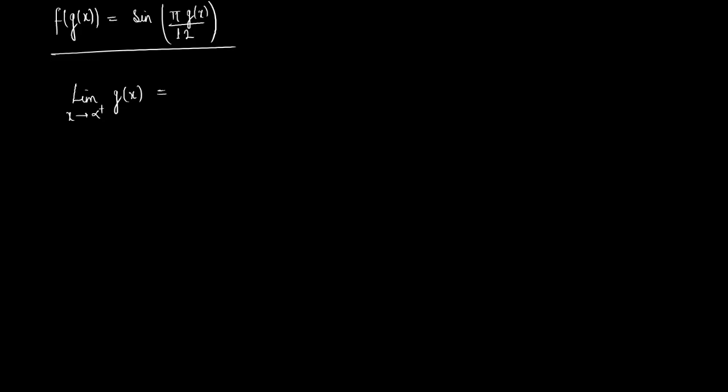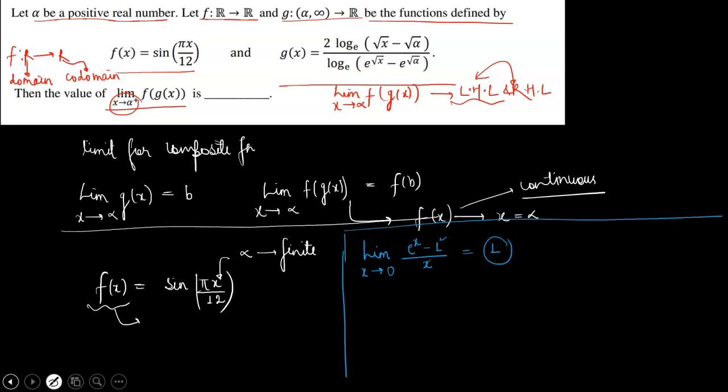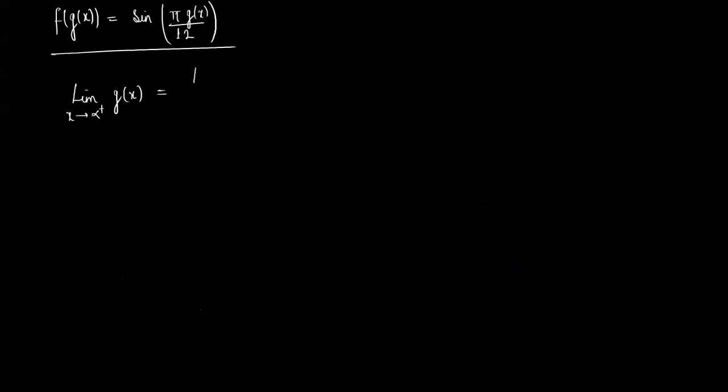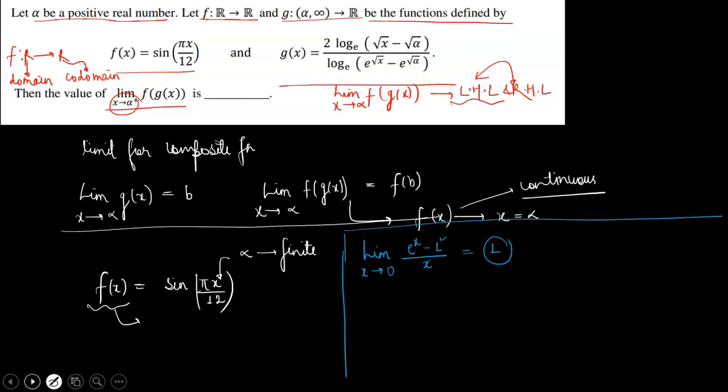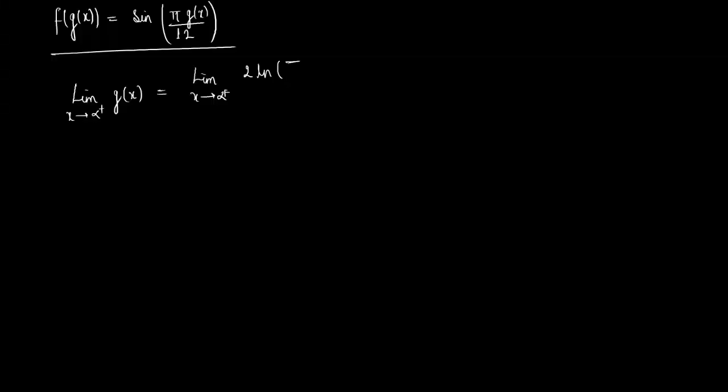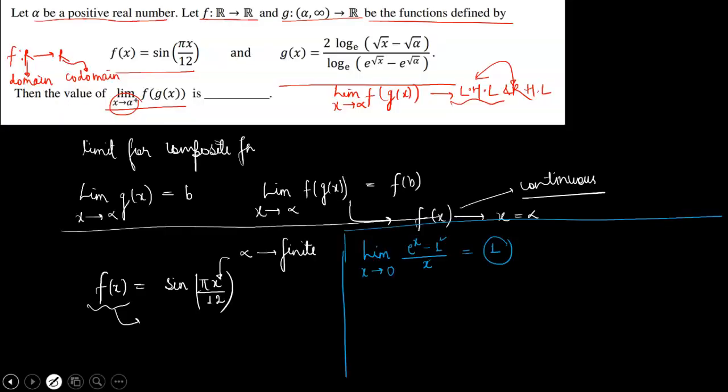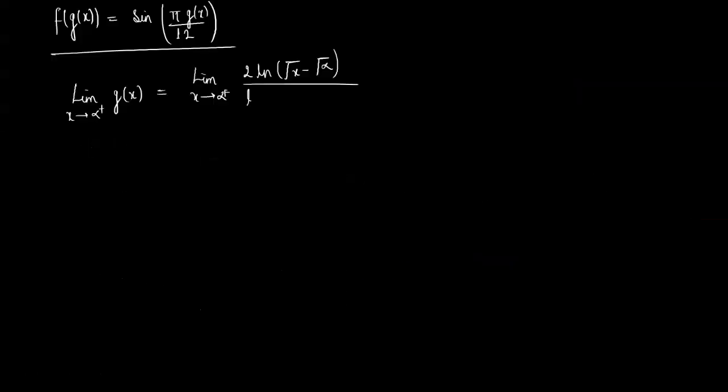So what is gx? First of all, gx is 2 log to the base 3, limit, I'm writing it as natural log, root x minus root alpha upon ln e to the power root x minus e to the power root alpha.